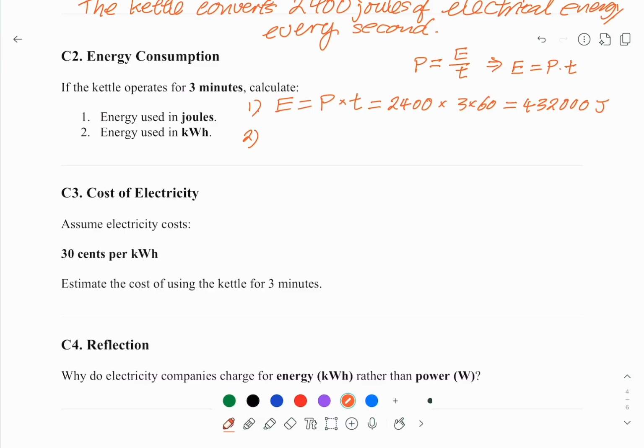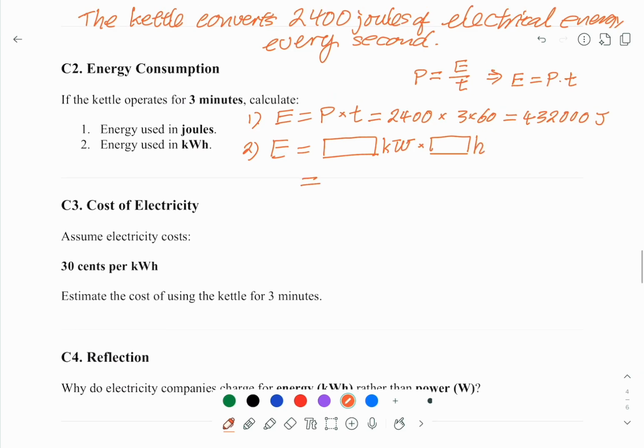Number 2, kilowatt hour. So E is equal to the number expressed in kilowatt multiplied by the time expressed in hour.